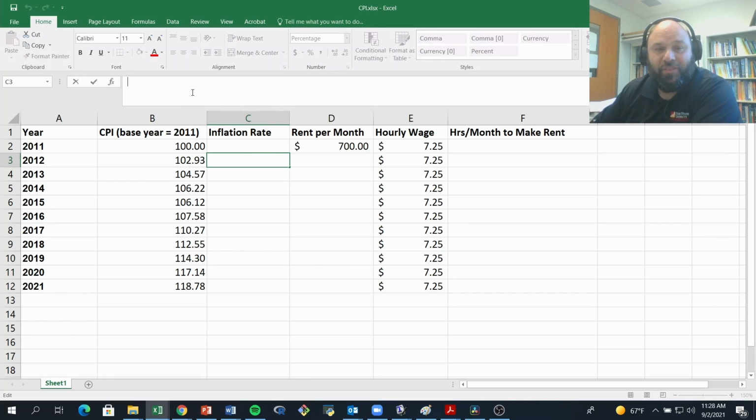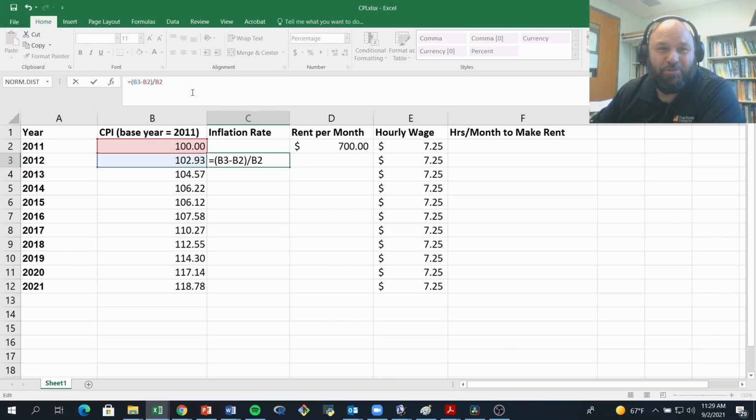And remember what percentage change is. Percentage change is new minus old, divided by old. So the new is 2012's CPI minus the old 2011 CPI, divided by the old 2011 CPI.